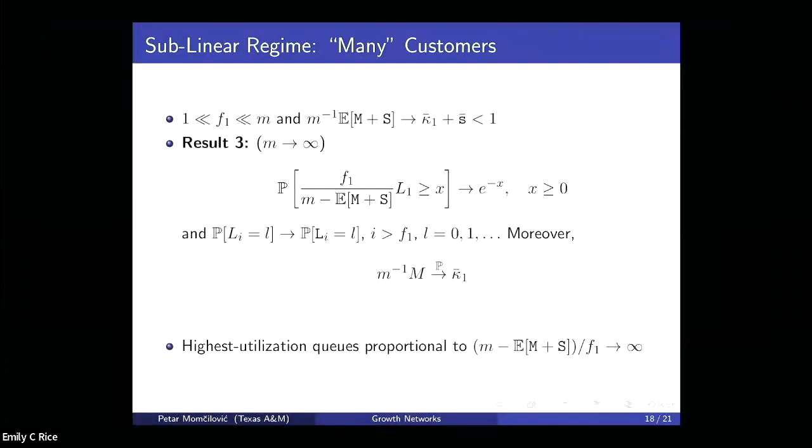You can think of this m minus this expected value as the number of excess customers. This is how many customers are stuck at bottlenecks. I have F1 bottlenecks, so I divide by F1 to say on average how many at one bottleneck. But the distribution is geometric.